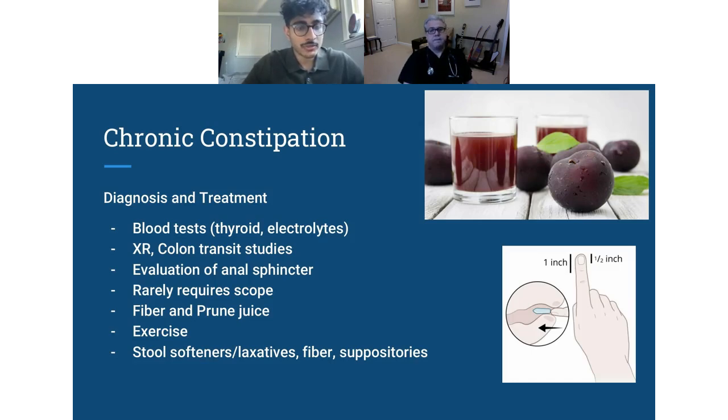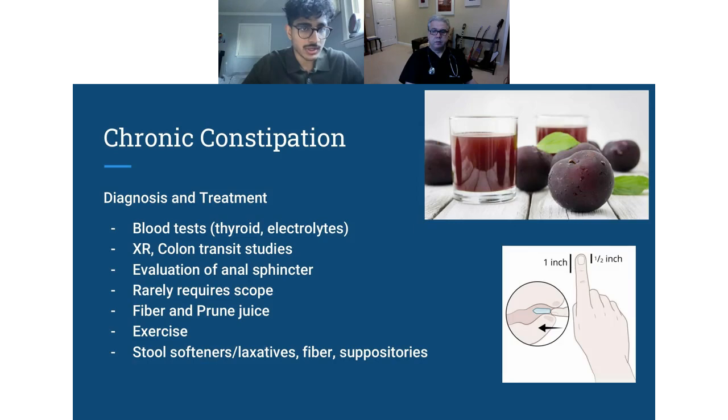And we can also evaluate the anal sphincter to see whether the stool is able to leave properly. It rarely requires any sort of endoscopy or colonoscopy, and it's treated pretty well with fiber supplementation and prune juice, especially in the younger infants.